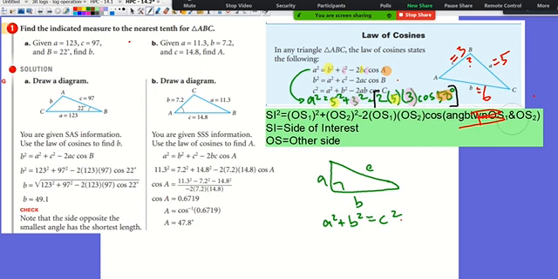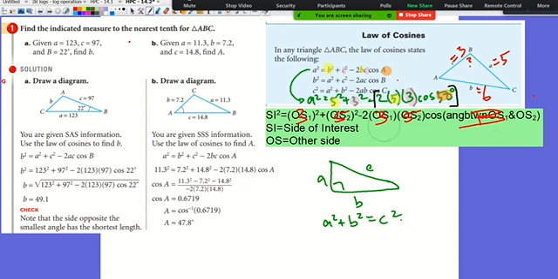The other sides have to be 3 and 5, because we're looking at the angle in between 3 and 5. So let me phrase it this way: angle B is in between 3 and 5. So 3 and 5 are our other side 1 and other side 2.